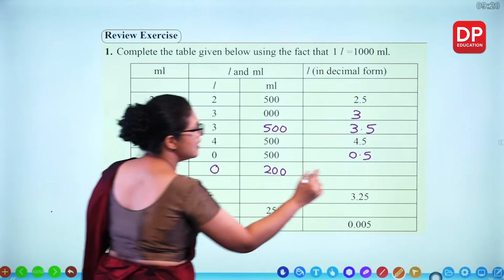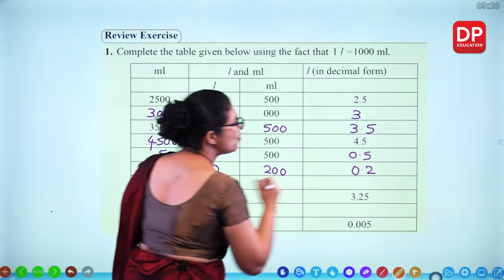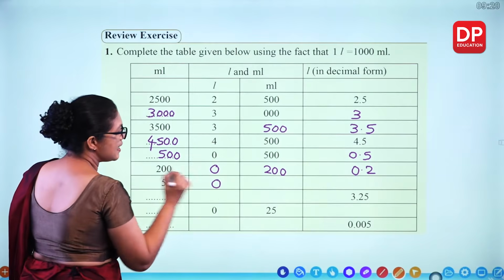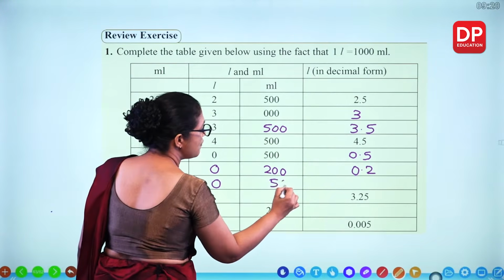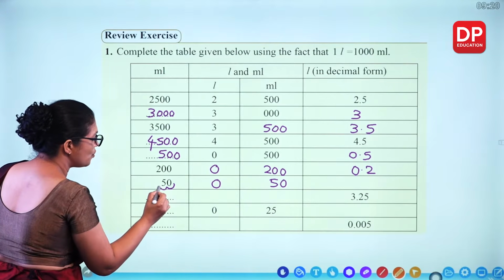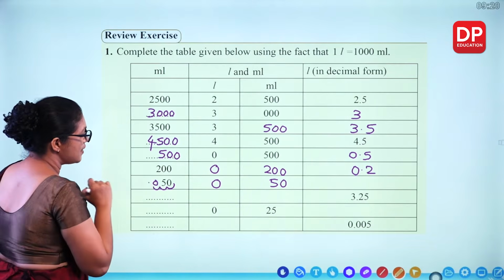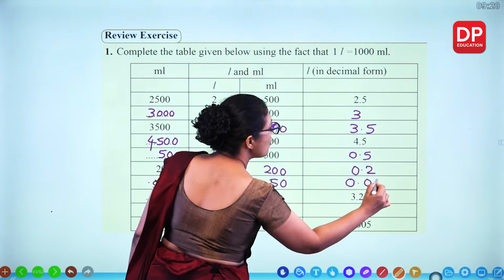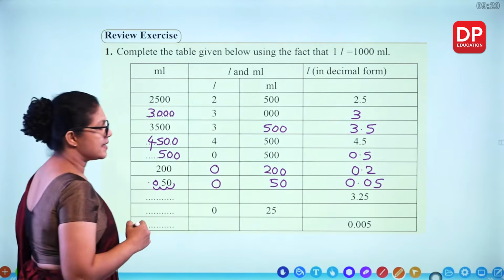Divide by 1000. You get 0.2 liters. 50 milliliters means here 0. This is 50. Divide by 1000. 1, 2, 3. So you need another 0 there. So 0.05 liters.